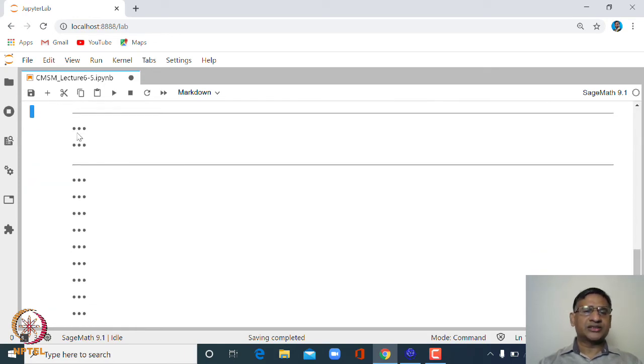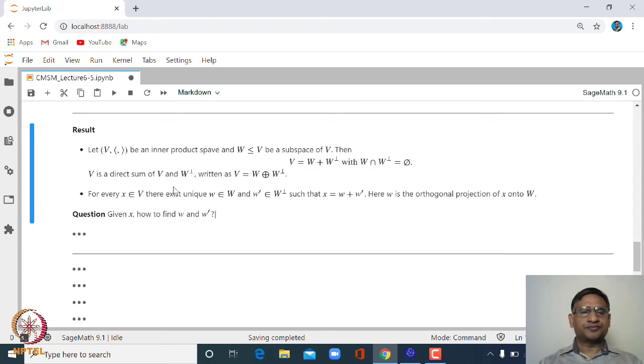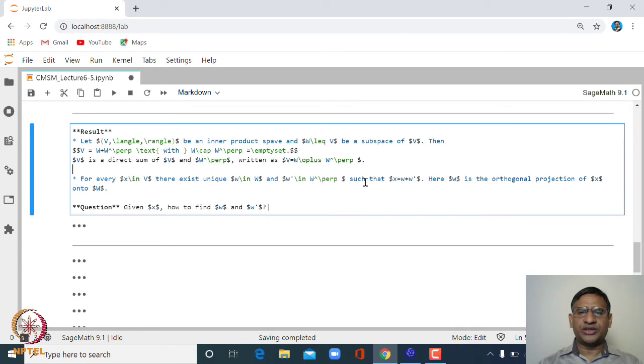Next, let us look at this. Suppose you are given a subspace W, right. Then we just now saw how to find its orthogonal complement, and then one can show that the intersection of W with W perp is not an empty set, it should be the singleton 0.